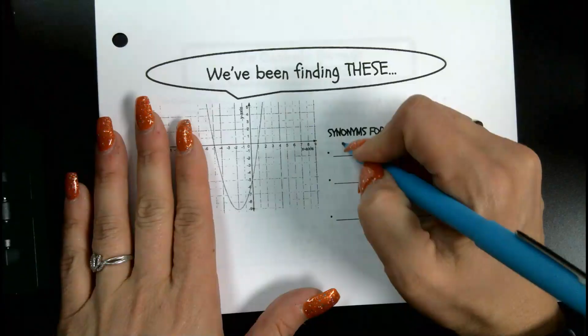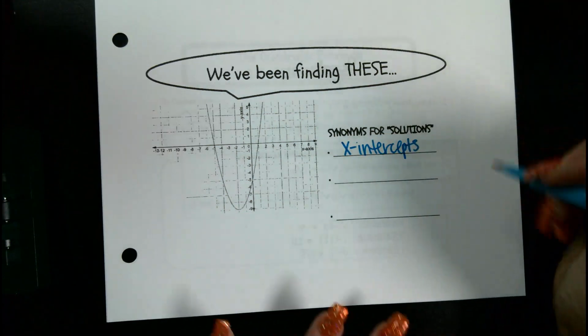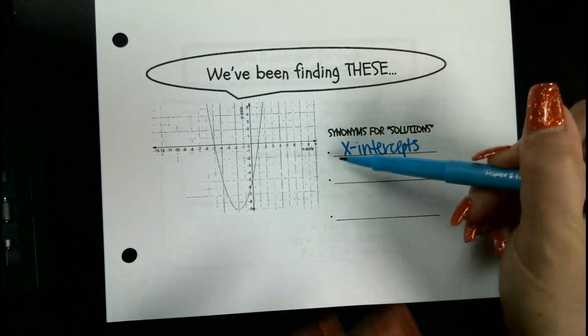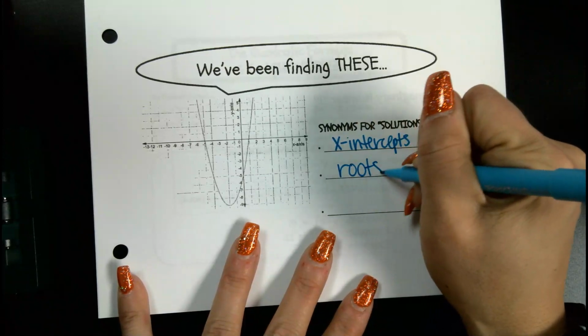Down here, this is just review. We've been solving for those, which are called your x-intercepts. We talked about that yesterday, I think. And then there are other names for them, like you can say solutions, you can say find the x-intercepts. You might see the word roots.